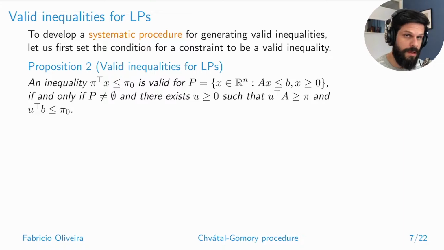Before we get there, we need to think about valid inequalities for P, which is the linear relaxation for it. And likewise, an inequality would be valid for P if it doesn't remove any of the feasible points from P. But in the case of P, there is absolutely no way we can test every single feasible point because this is a continuous feasible region.